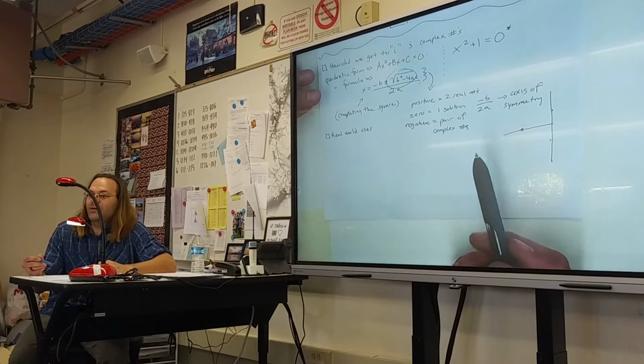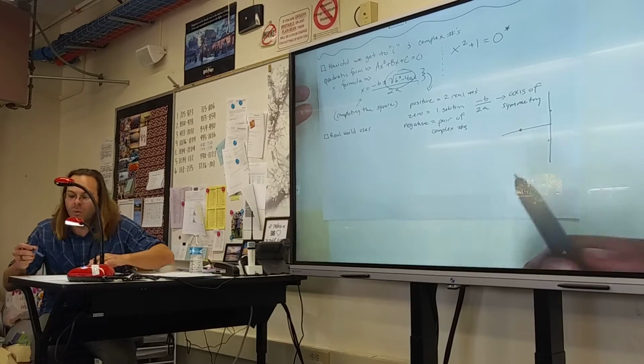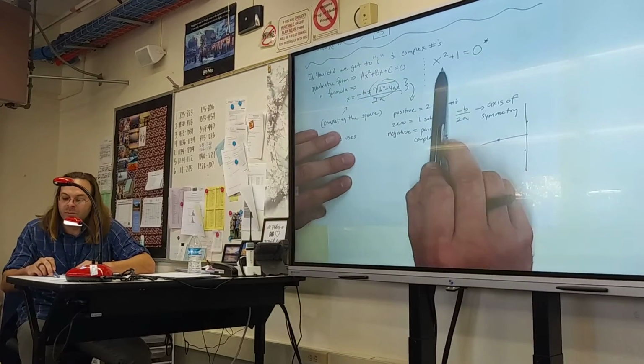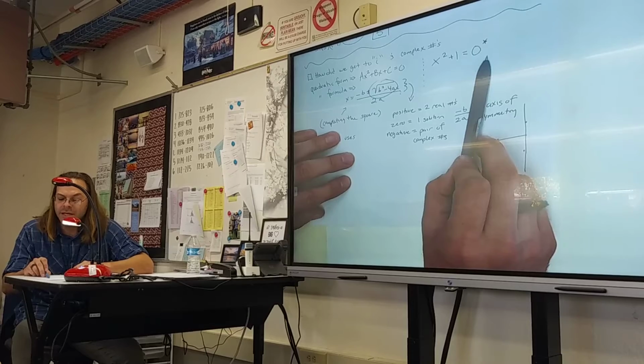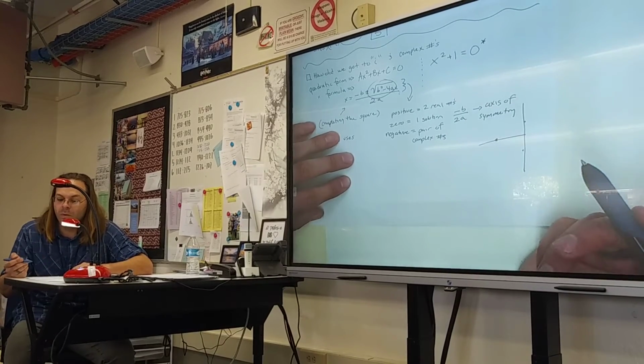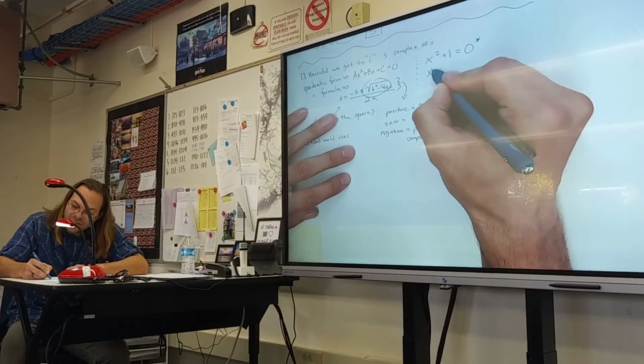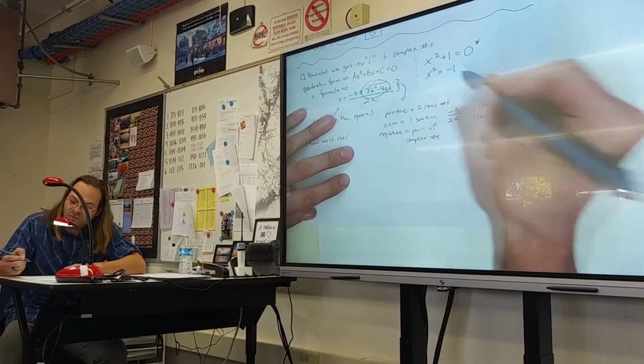But how did we figure out what i is and where it went into? Well, we have this little conundrum in math that we've come across. x squared plus 1 equals 0. Well, how is that possible? x squared equals negative 1.